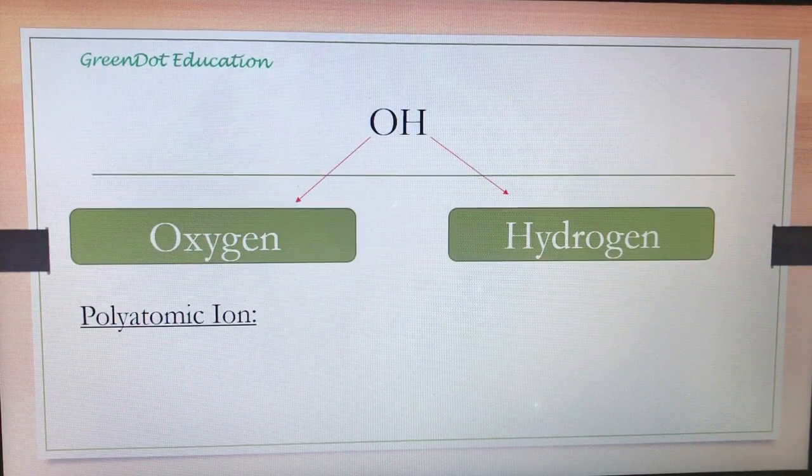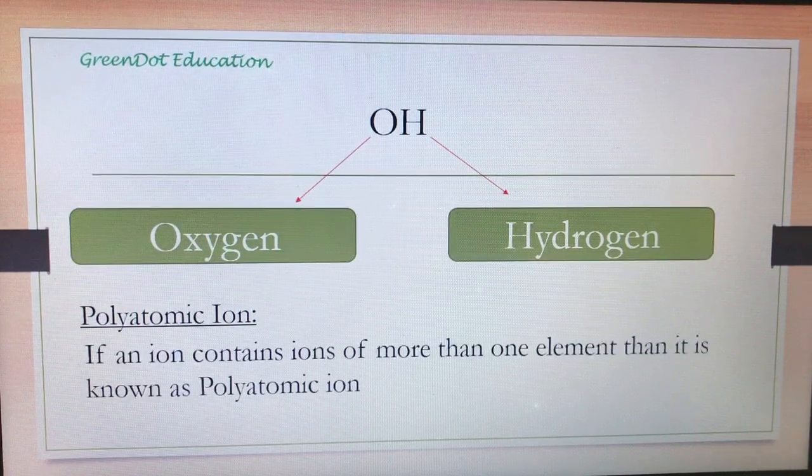Now what is a polyatomic ion? If an ion contains ions of more than one element, then it is known as a polyatomic ion. So if we come across any ion which is made up of more than one element's ion, then it is known as a polyatomic ion.